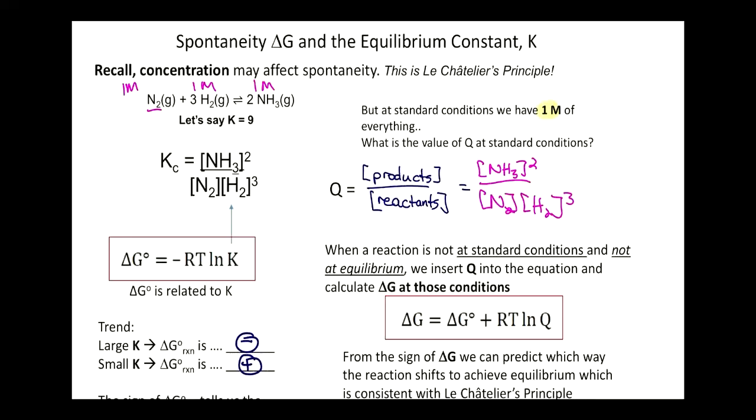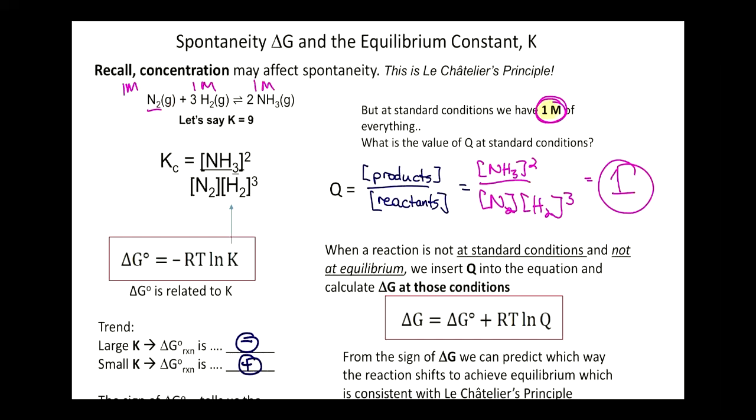We just said at standard conditions, everything is 1 molarity. So Q at standard conditions is actually 1, right? So is this reaction, our synthesis of ammonia, at equilibrium at standard conditions? It's not, no, because we have 1 molarity of everything.